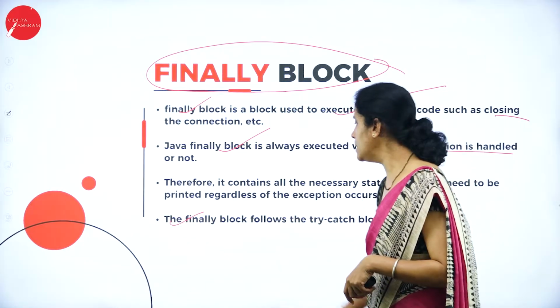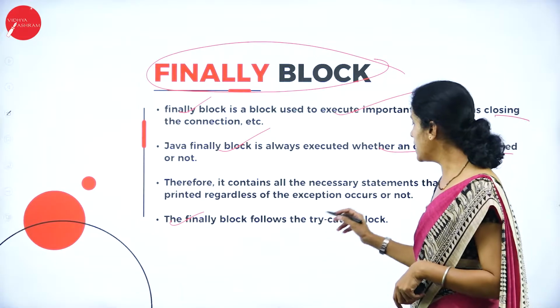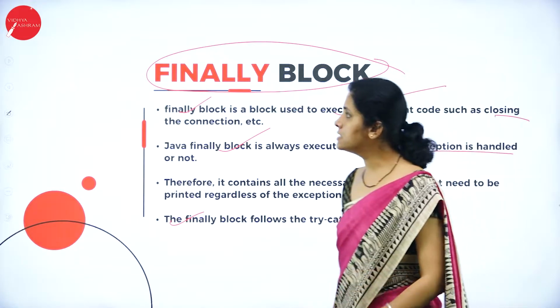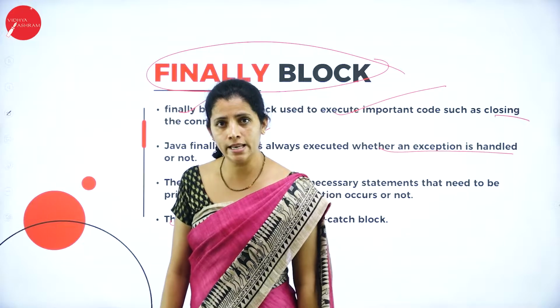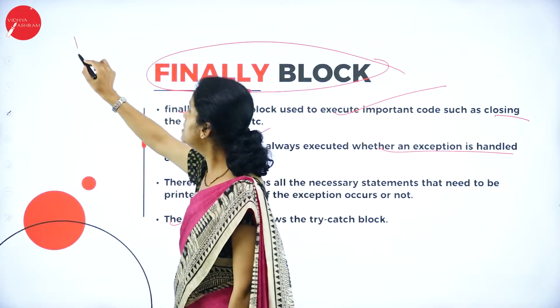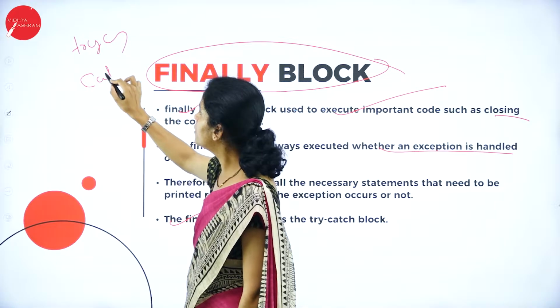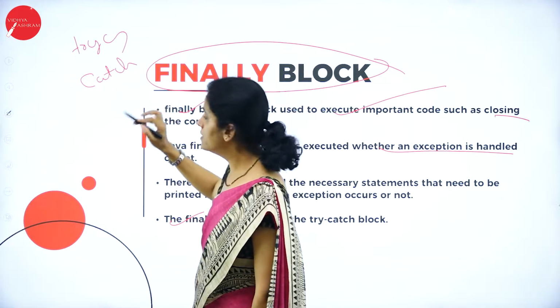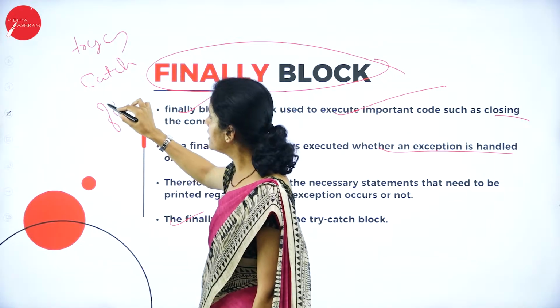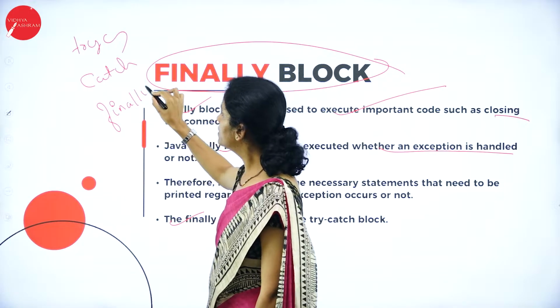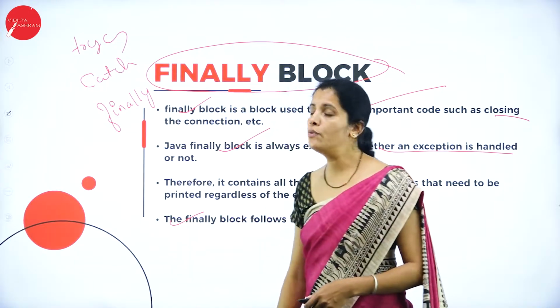So the finally block follows the try catch block. Suppose I want to use finally in my program, then first I write try, then that must be followed by the catch, then it must be followed by the finally. Okay, this is the sequence I need to follow.